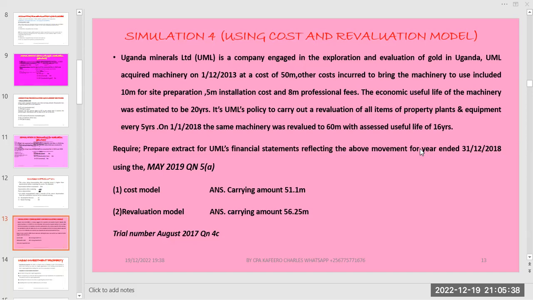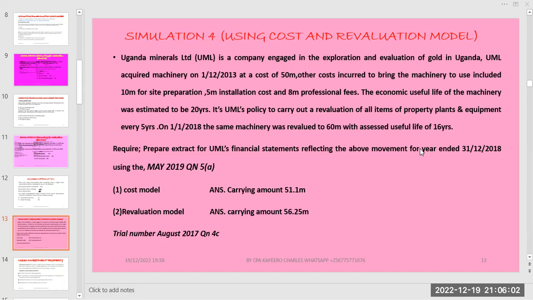Then, when you see the question saying using cost model and revaluation model, it means the question is now looking at the measurement basis. They have given us the method: measuring PPE using cost model and revaluation model.